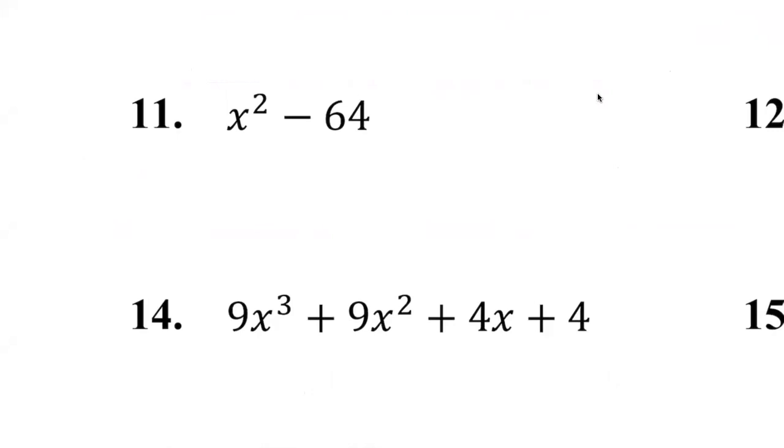My expectation is that when you see x squared minus 64, you cannot even stop your brain from yelling at you that it is x plus 8 and x minus 8. If you know what you're doing with factoring, you just look at x squared minus 64, and within a second you have x plus 8, x minus 8 right there screaming at you in your mind, and you just go ahead and write it.